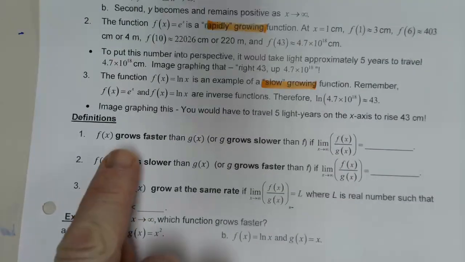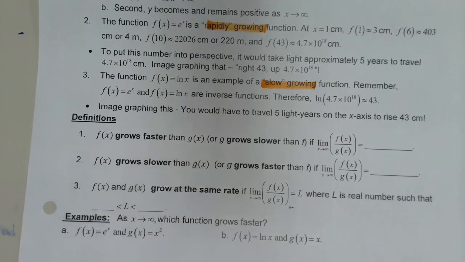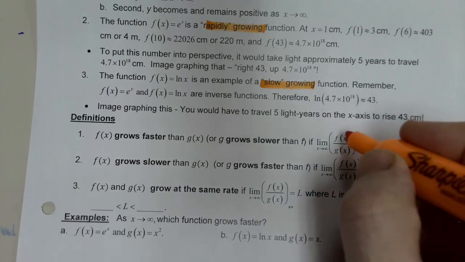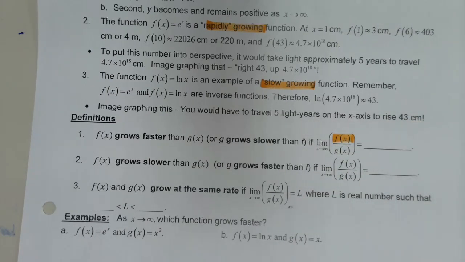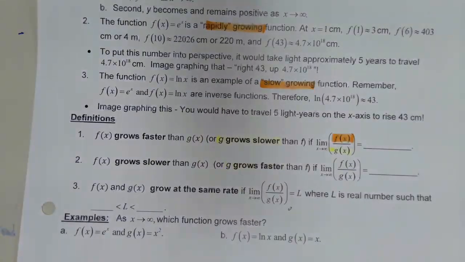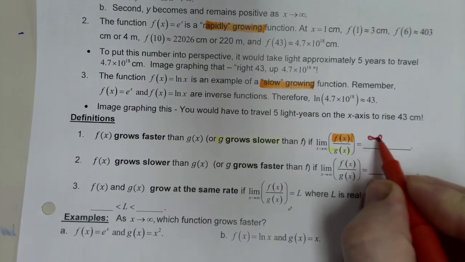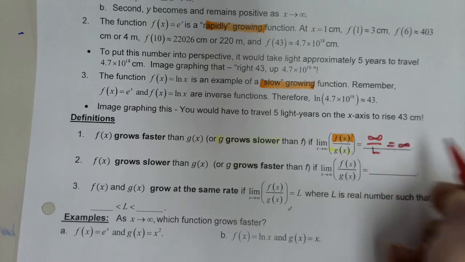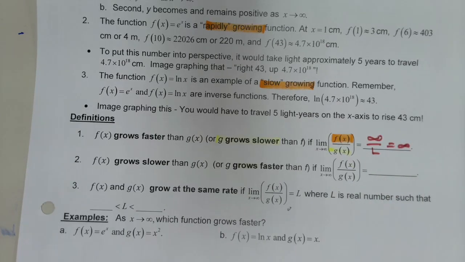Okay? So, if we have a faster growing function up here in the numerator than in our denominator, this one being the slower one, then it's going to act like an infinity divided by some number, or it's going to go to infinity. If we look at that function, we say, hey, wait a second here.